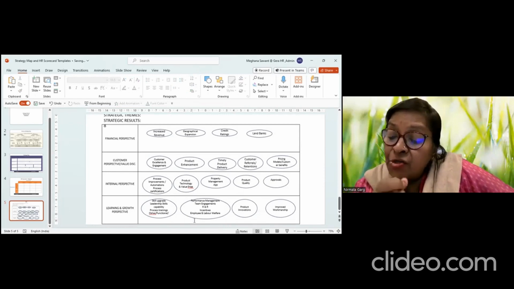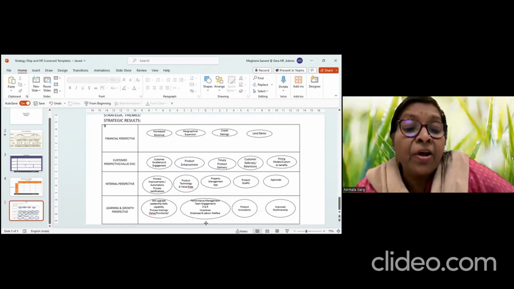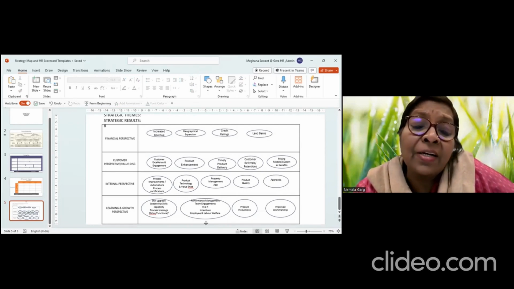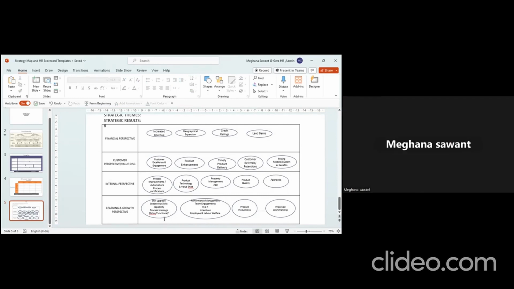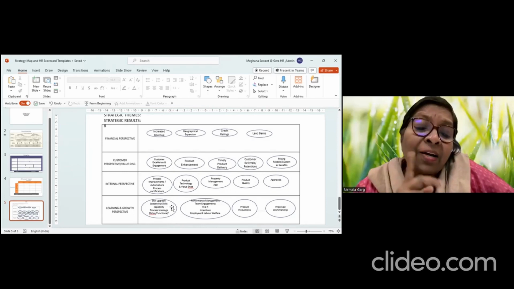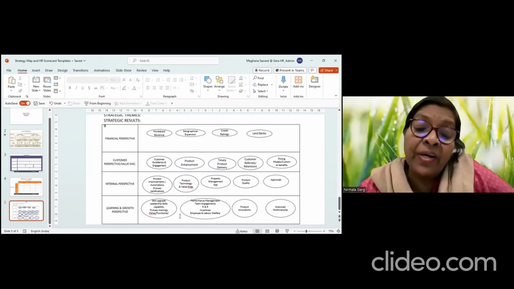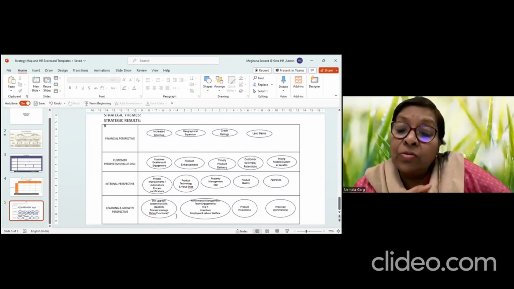So in order to have these processes in place, ensuring operational efficiencies, you need to have the right kind of people, your human capital, skill sets. You'll need to have the right kind of leadership skills, right kind of competencies. You are writing in terms of hiring, in terms of training, all those entire employee life cycle processes.